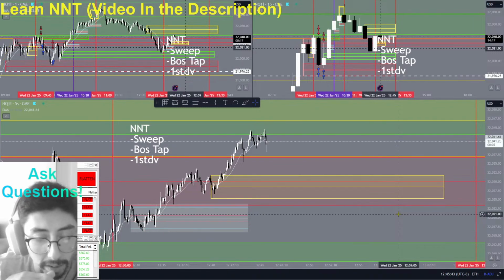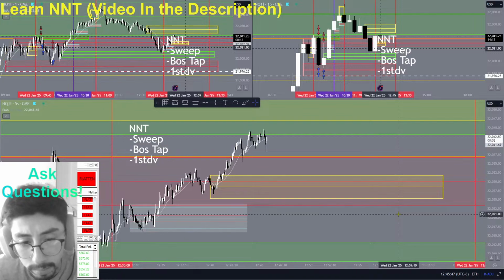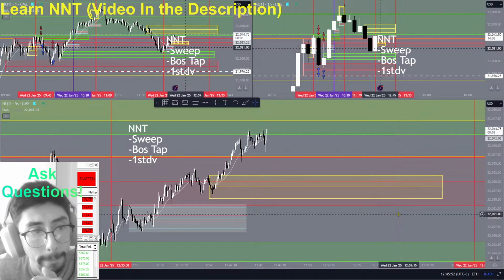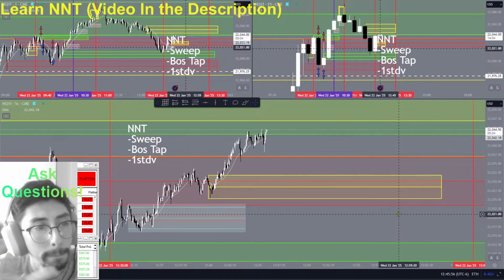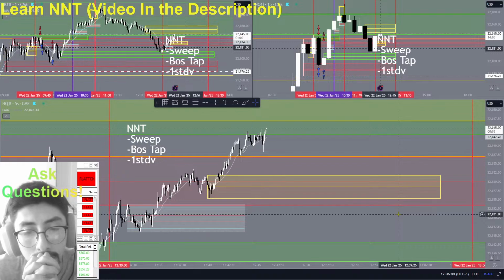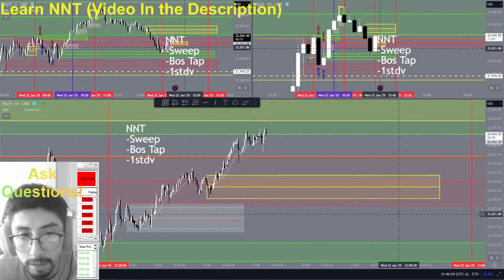And when we're ranging, it's really hard to find anything. So it 1000% wants to go to the yellow zone.